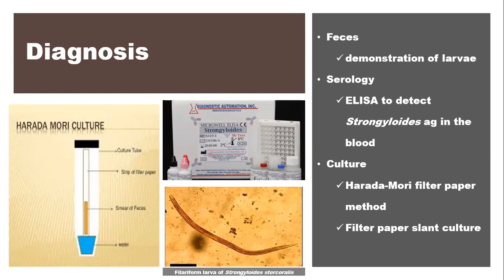So each day for the next 10 days, you're going to be taking drops from that water and looking at it under the microscope, looking out for structures like this. We also have the filter paper slant culture, which is similar to the Harada-Mori filter paper. This way you can make a diagnosis by looking out for the larvae under microscopy.